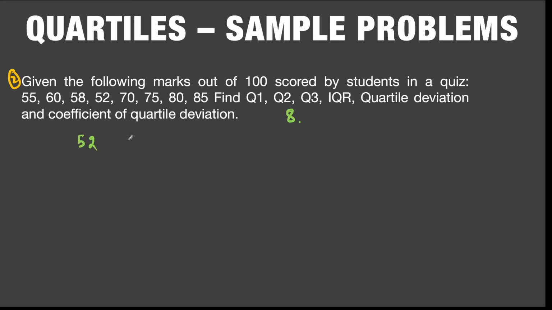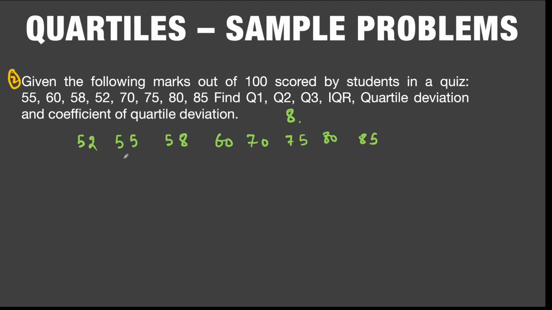Then we have 55, 58, 60, 70, 75, 80, and 85. This is the ascending order, and this has 8 terms, as there were 8 terms in the question.